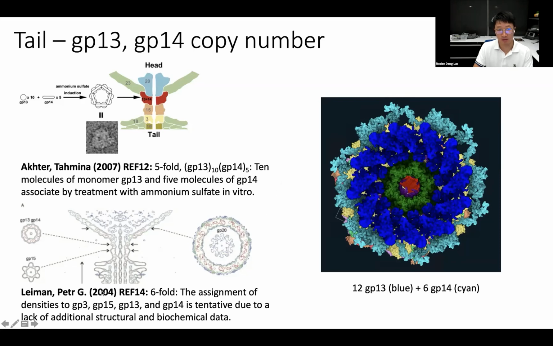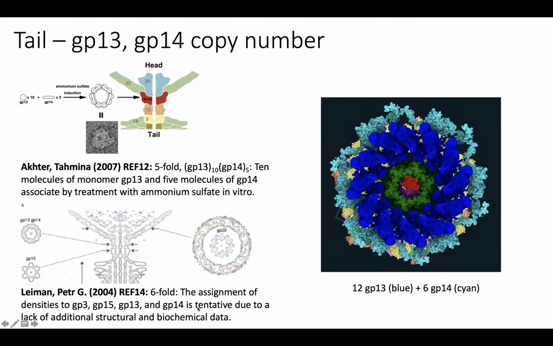However, Lehman observed in 2004 a 6-fold configuration, but they concluded this only tentatively because they lack the structural information and the resolution is not that high.